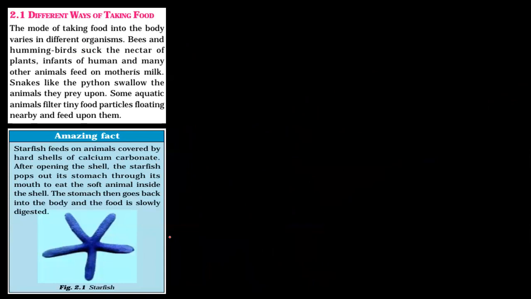Now, there are different ways of taking food, different types of animals. Not all animals have digestive system like humans. So bees and hummingbirds, we know they suck the nectar from plants. Infants of humans and many other animals feed on mother's milk. And this class, from phyla chordates, the class of animals is mammals.